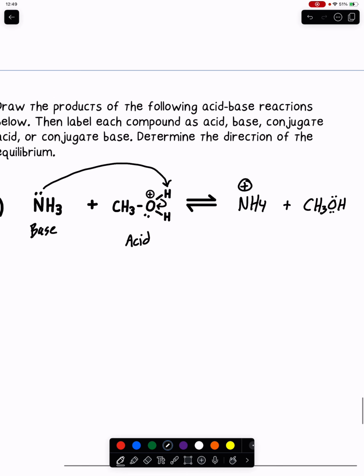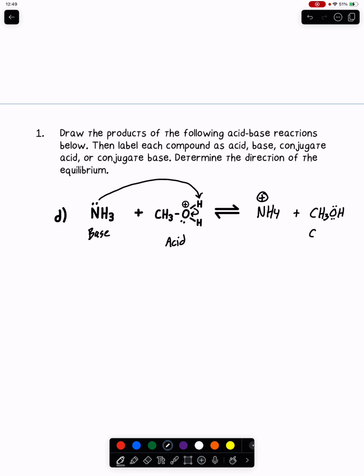All right? So on this side, this is the conjugate base, and this is the conjugate acid.